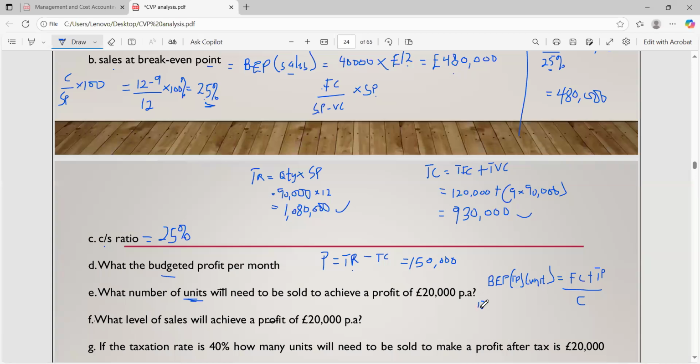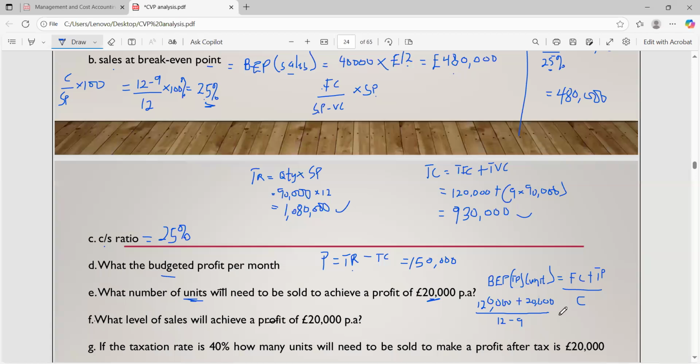So 120,000. Our targeted profit was actually 20,000 over our contribution. What is our contribution? Our selling price minus our variable cost.